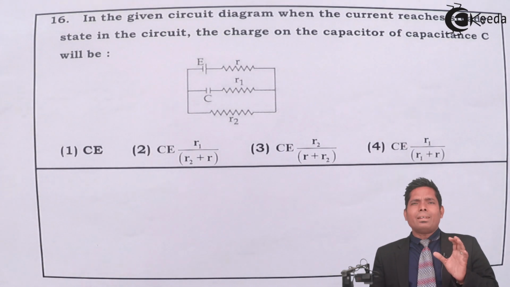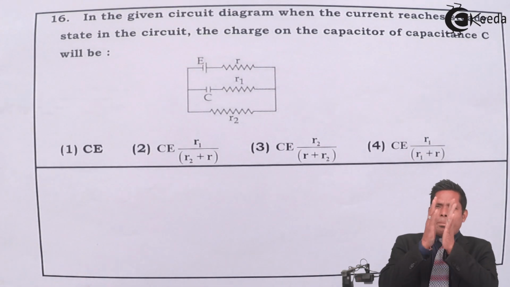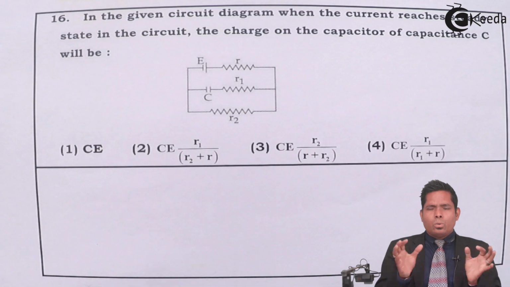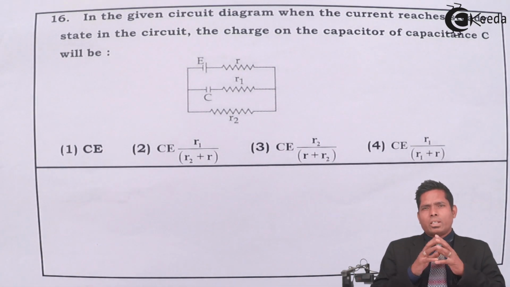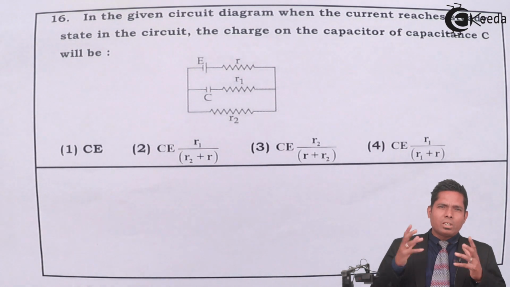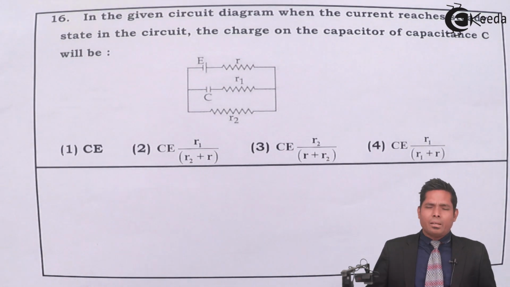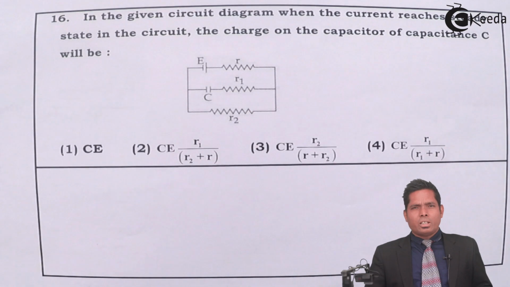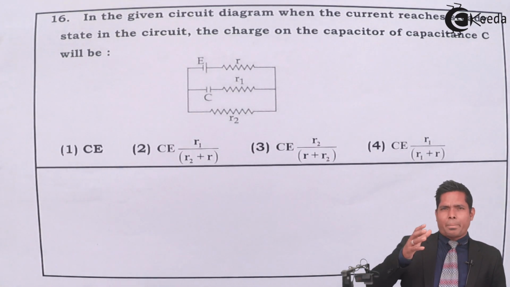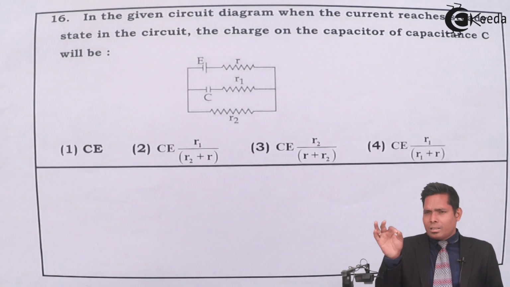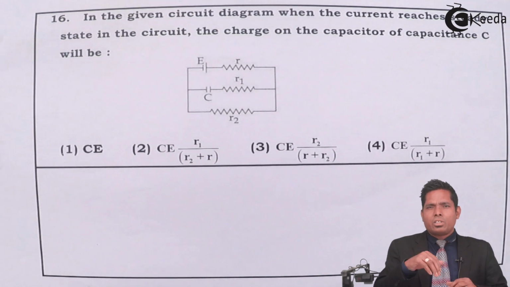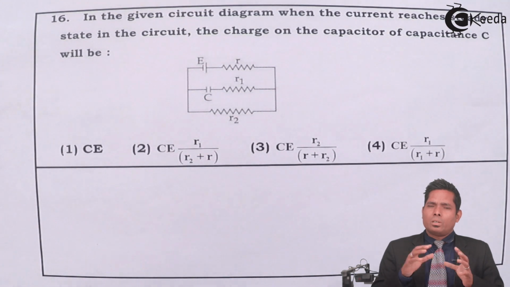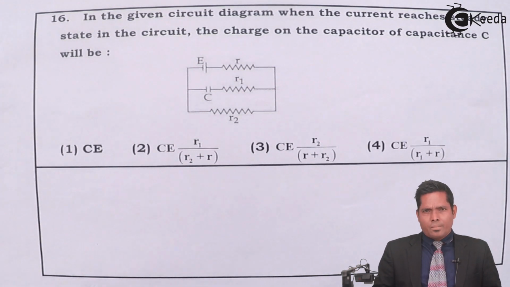We know that when a capacitor is connected with a resistance and the battery, at steady state, obviously steady state is attained after infinite time, the capacitor is fully charged, and that branch of the electrical network is effectively disconnected from the total circuit.